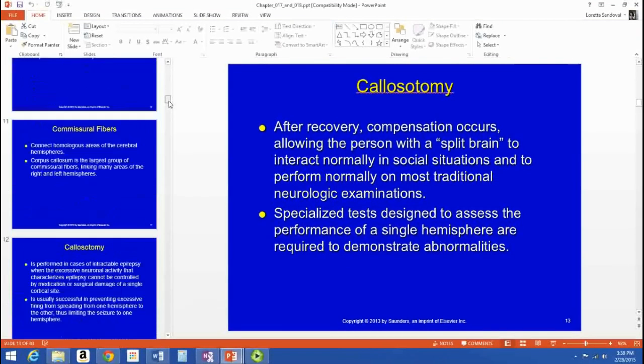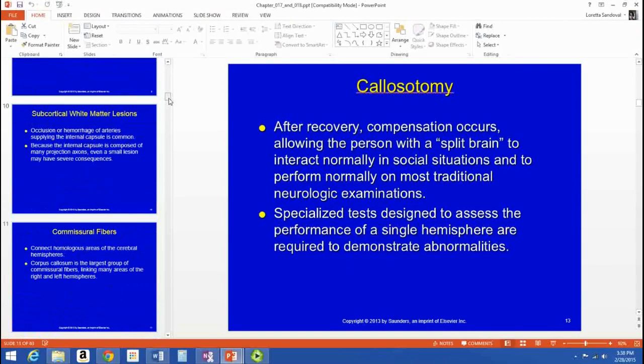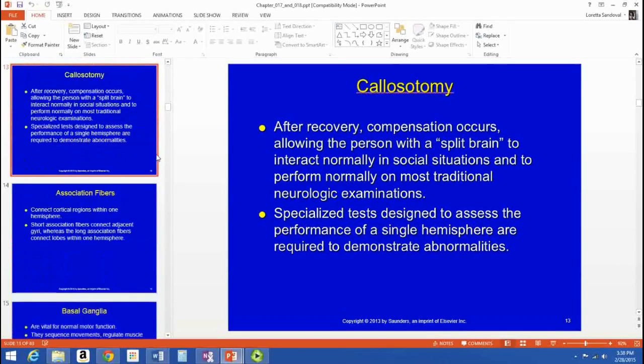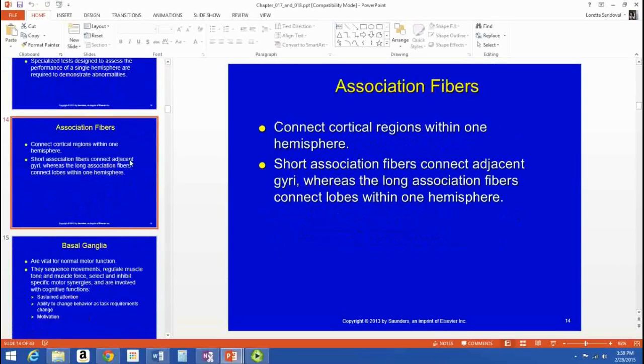It just shows you how those fibers are so important, but you can actually have some things where they're interrupted and you can still function pretty normally. So kind of a weird little thing. Another type of fibers in the subcortical white matter are the association fibers, and they connect cortical regions within one hemisphere.